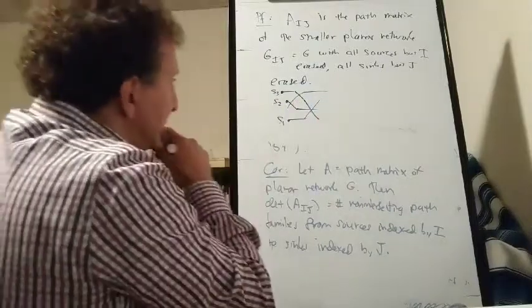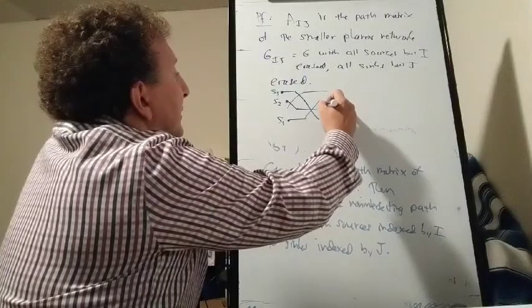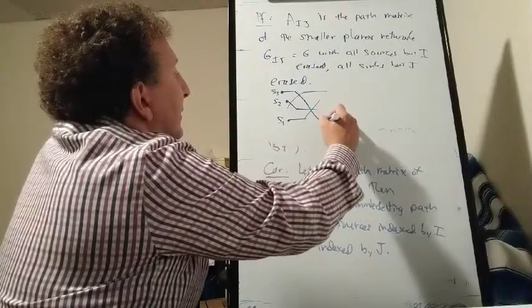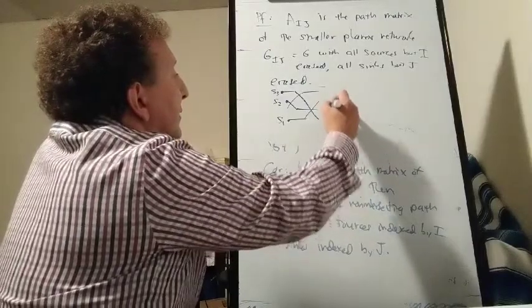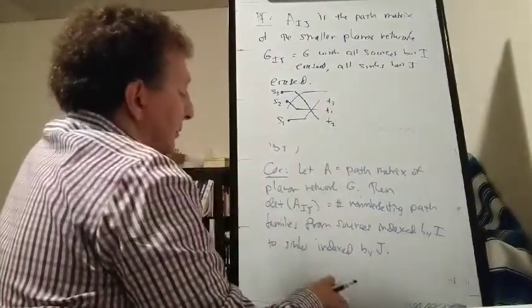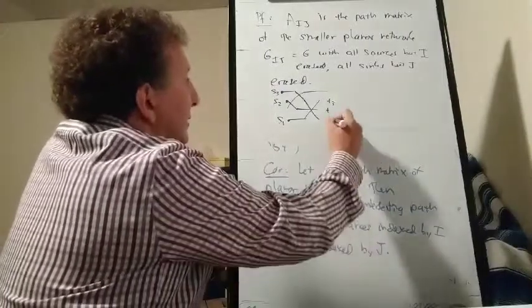And then if we erase sink 4, then the sinks are going to be T1, T2, T3 here.